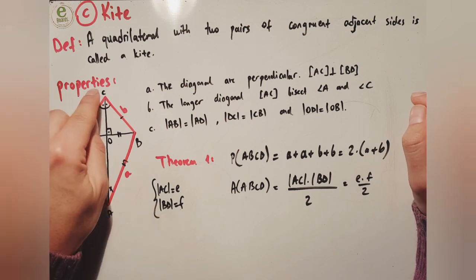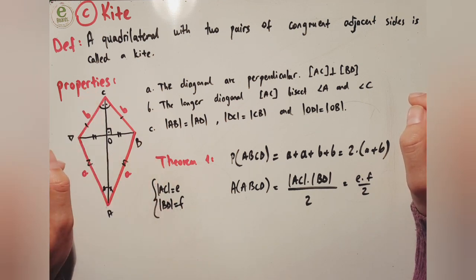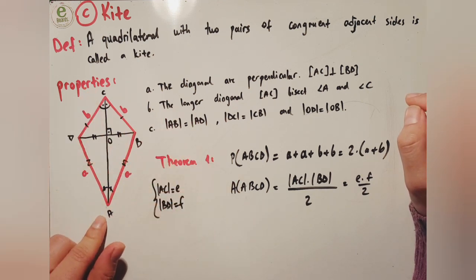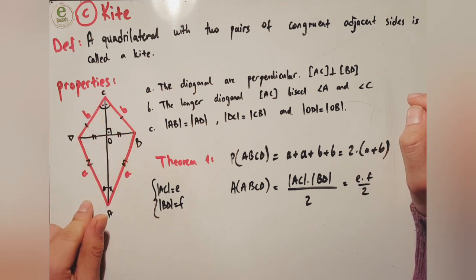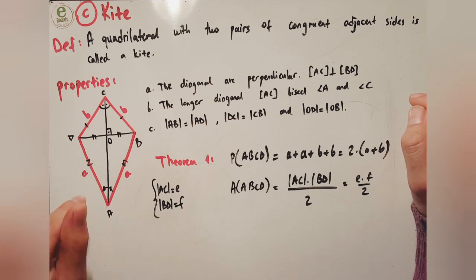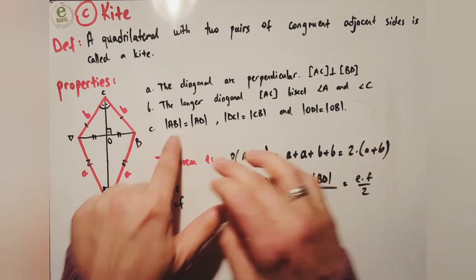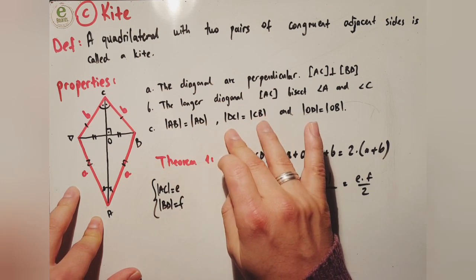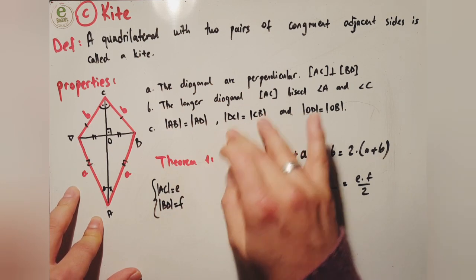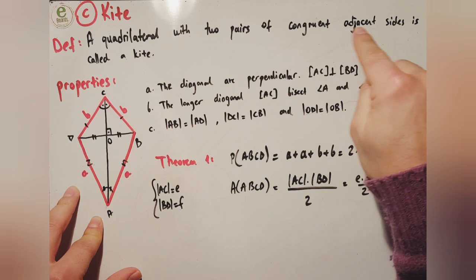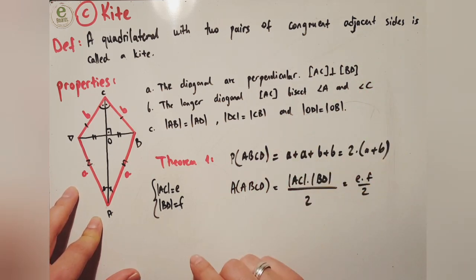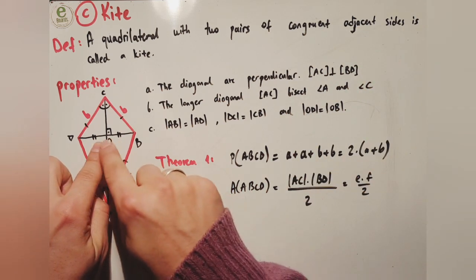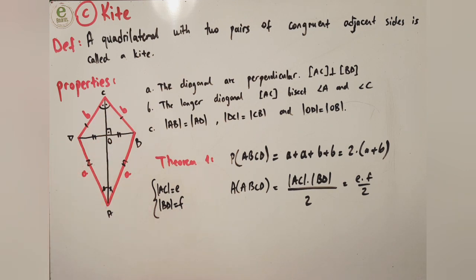The longer diagonal AC bisects angle A and angle C, and we will have angle bisectors at A and C. And AB is equal to AD, DC is equal to CB, because the definition says congruent adjacent sides. And OD is equal to OB; O is the midpoint of diagonal BD.